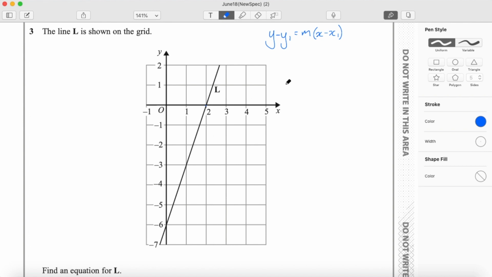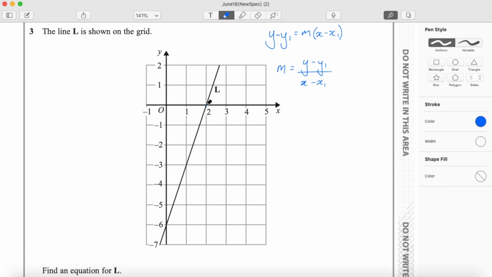So there's one half of our tool. The second half of our tool is we need m, the gradient, which is the difference in y for 2 points on the graph and the difference in x for 2 points on the graph. So with these tools we can work out the gradient of L.